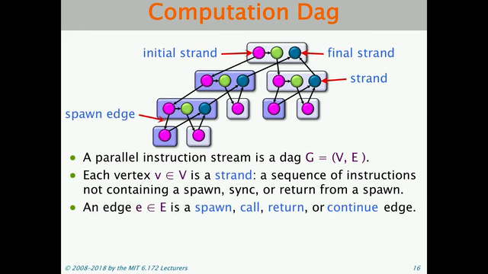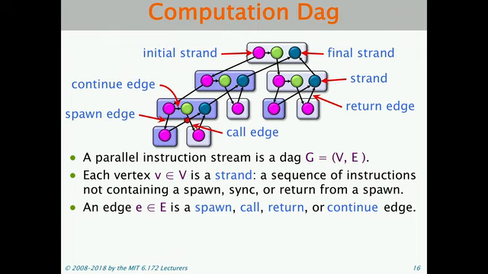And then there are 4 types of edges. So there are spawn edges, call edges, return edges, or continue edges. A spawn edge corresponds to an edge to a function that you spawned. So these spawn edges are going to go to a magenta node. A call edge corresponds to an edge that goes to a function that you called.